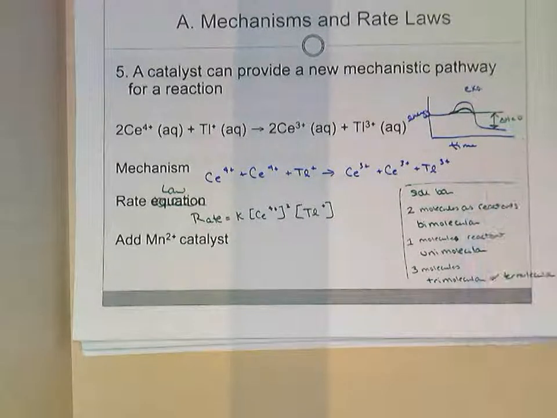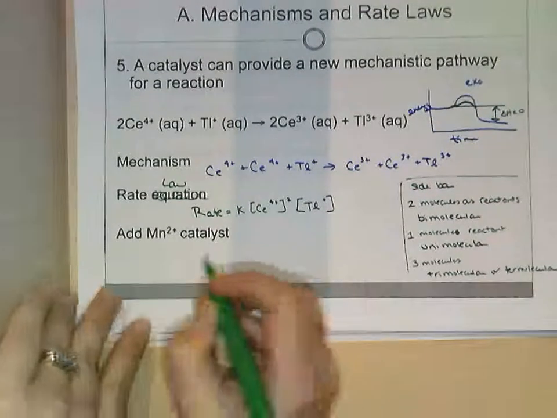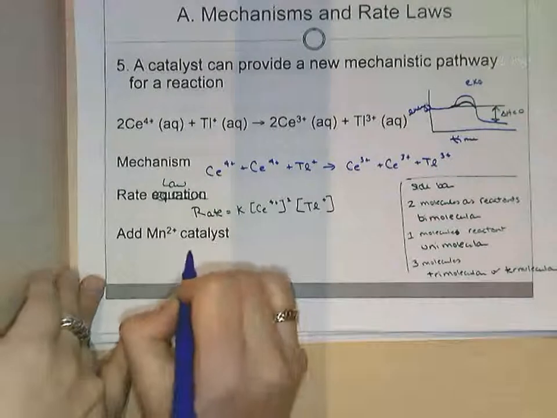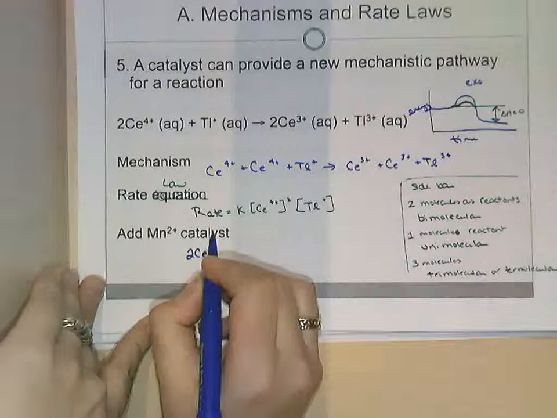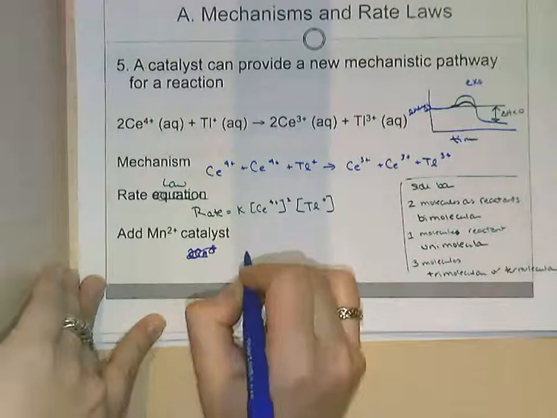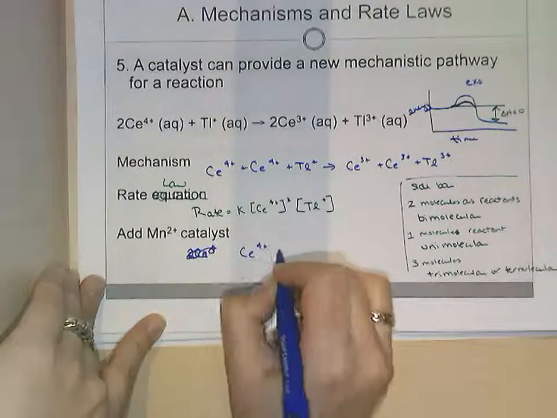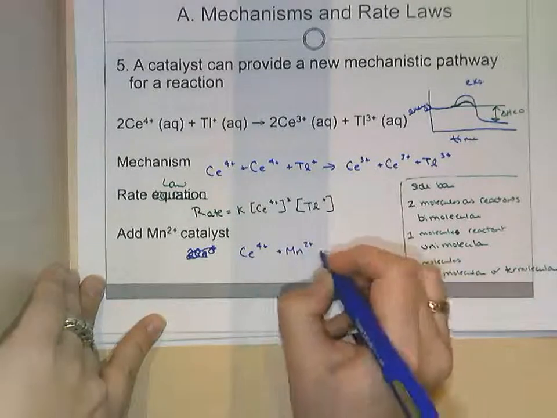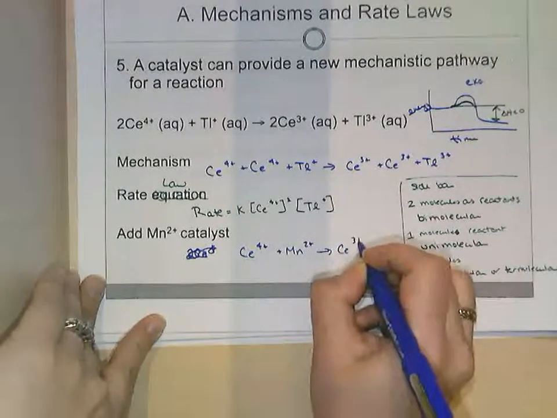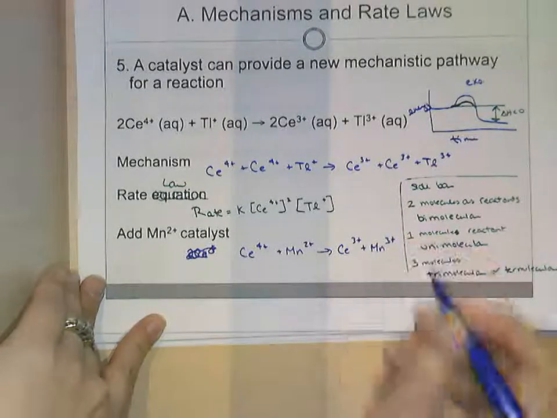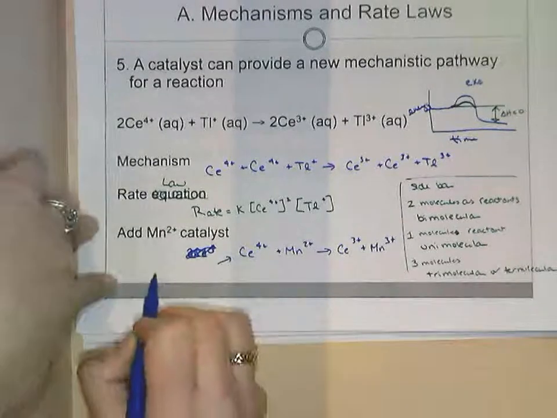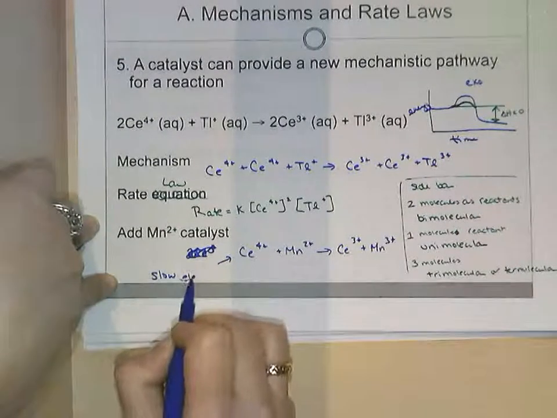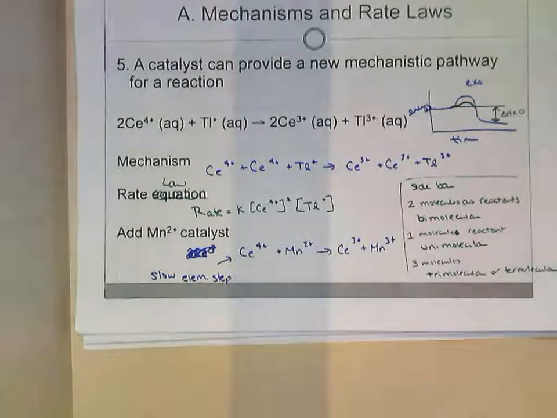So if I add this catalyst, my new elementary step is this. My new slow elementary step, because that was what I had up here.